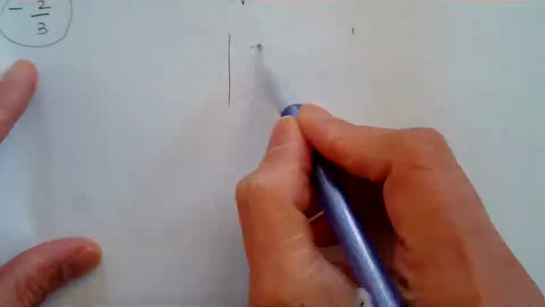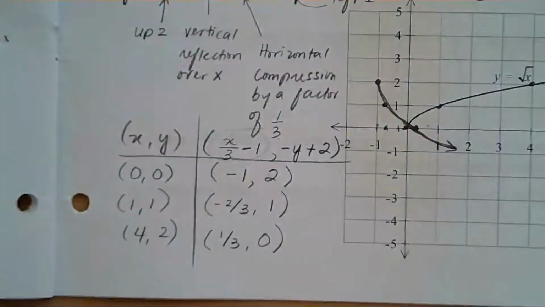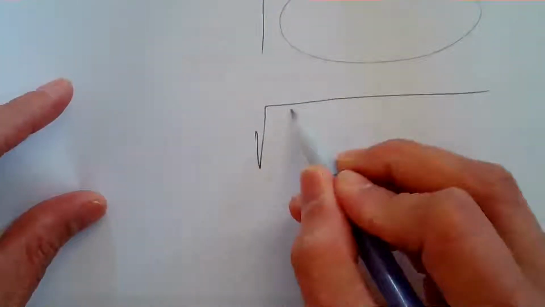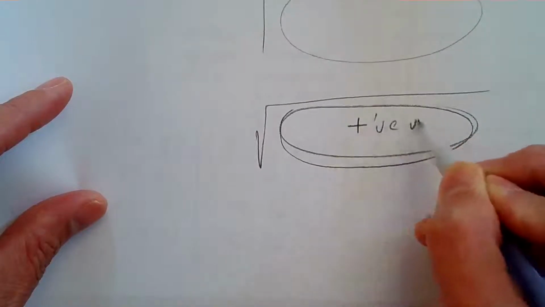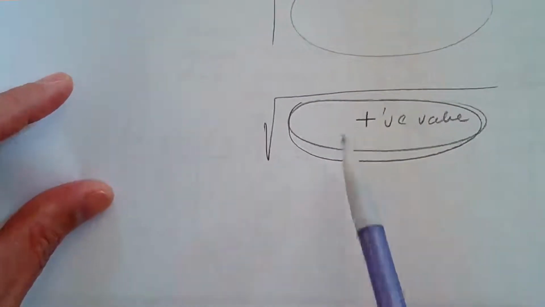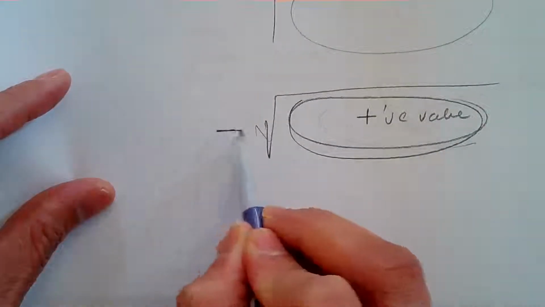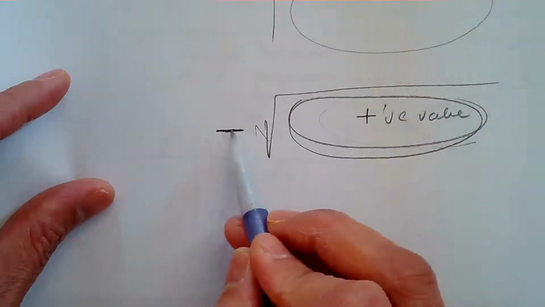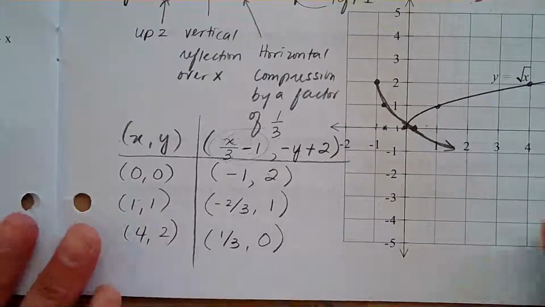Well, whatever's inside the radical sign should be a positive value, right? But then there's a negative outside, so whatever the positive is gets multiplied by a negative value. So it's okay to be negative. Yeah, you're thinking about what we did before, right?